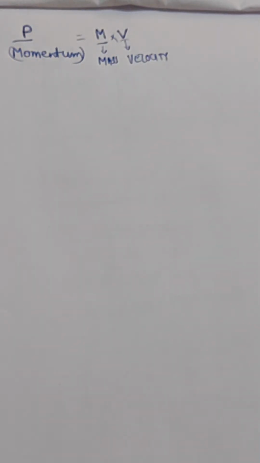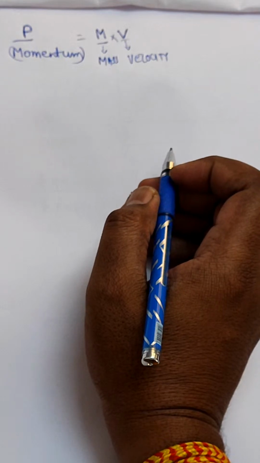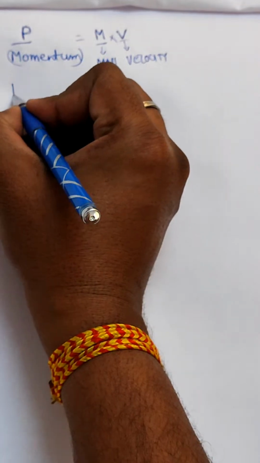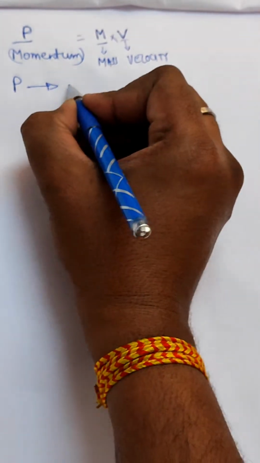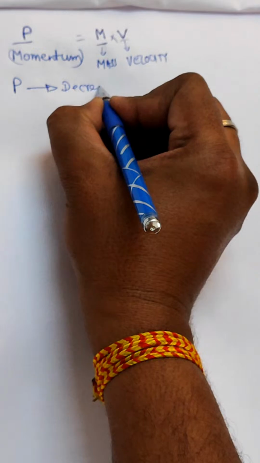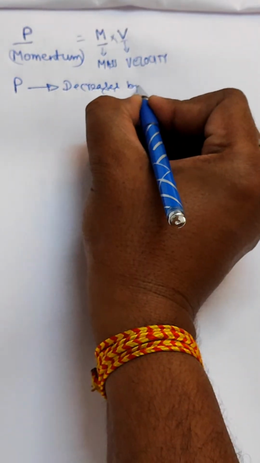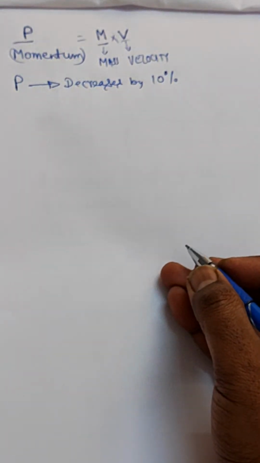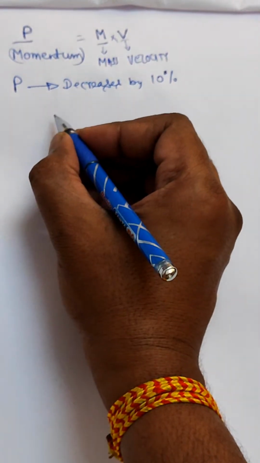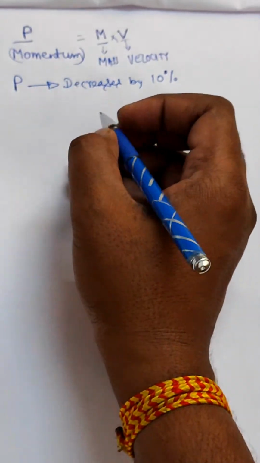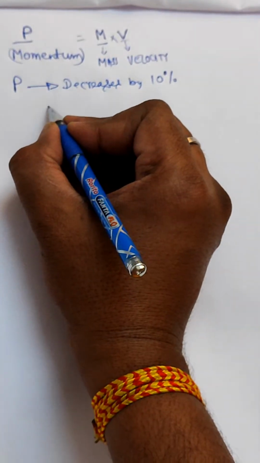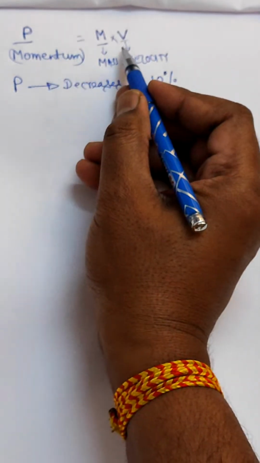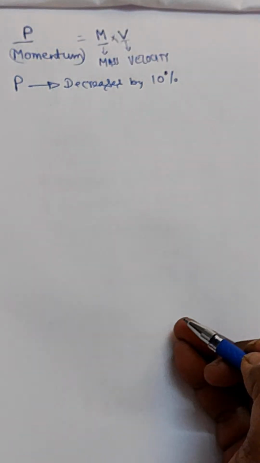Now, the question is that if the momentum of a body decreases by 10%, so P decreases by 10%, right? That means we can say that P, the product of mass and velocity, is momentum, right?